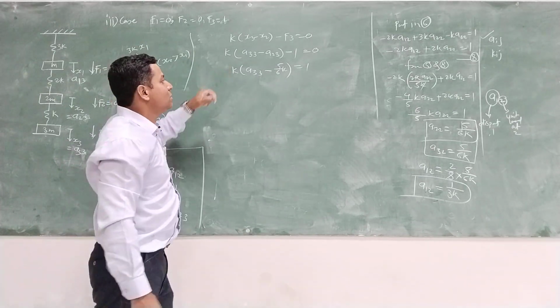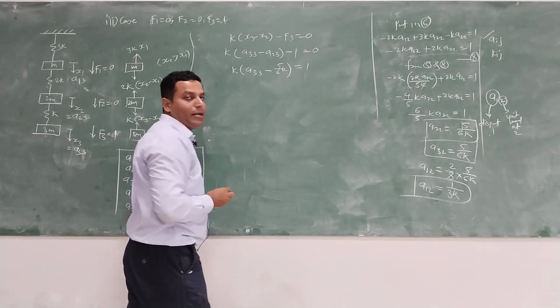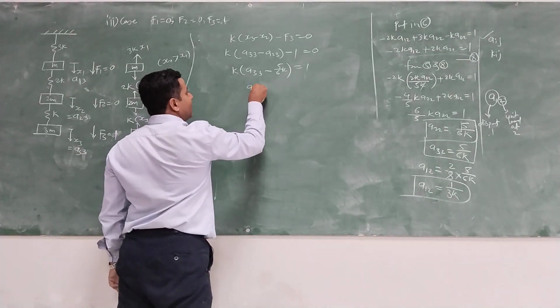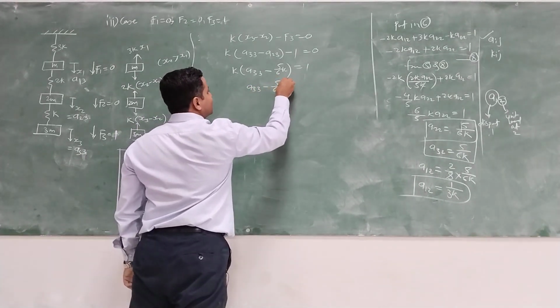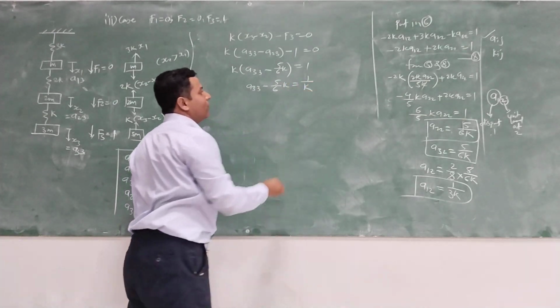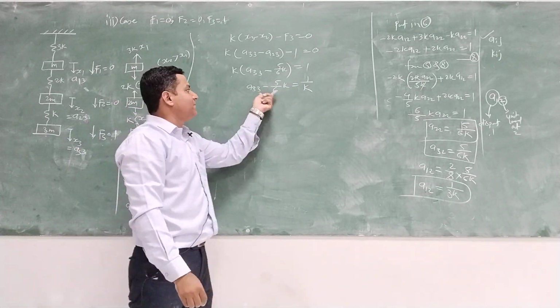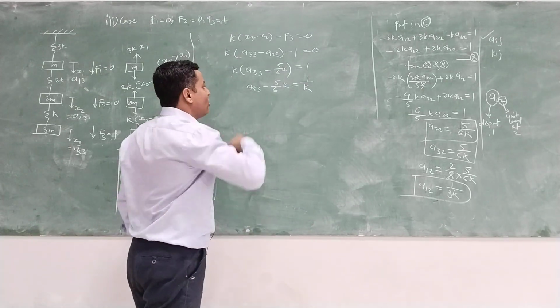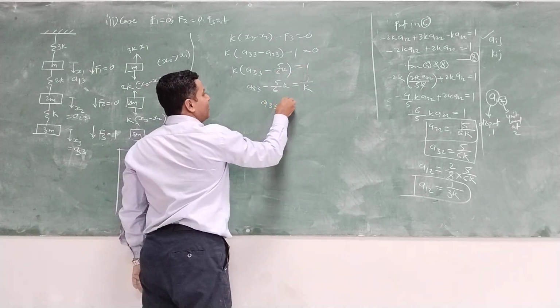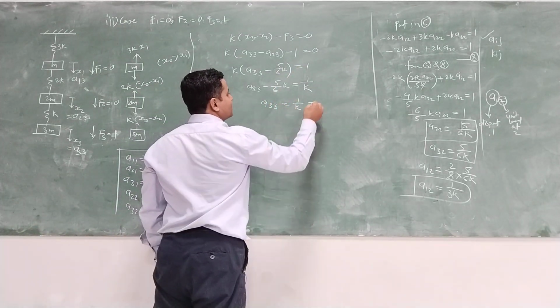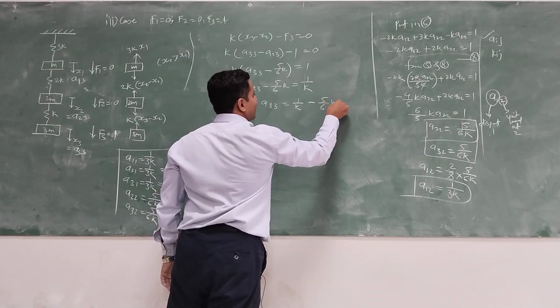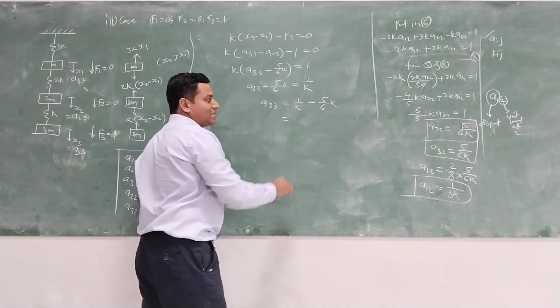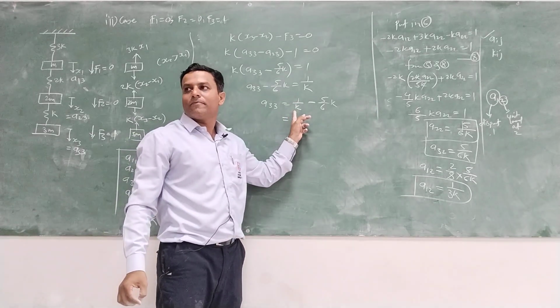Now transfer this K on this side. So A33 minus 5/6K is equal to 1/K. Now transfer this minus term on that side. So A33 will be 1/K minus 5/6K. So this will become 6/6K.